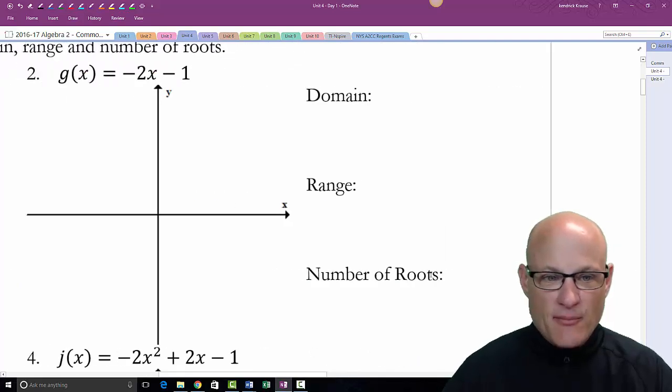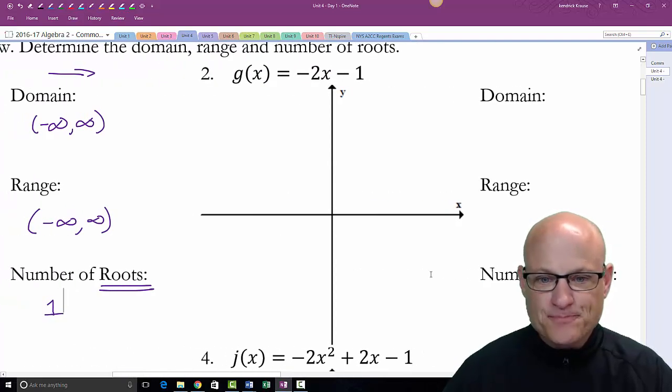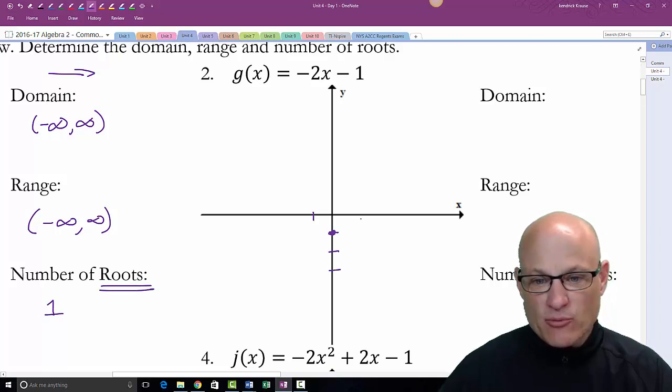Let's go to this one. This one has a y-intercept of -1. But now we're going down 2 and to the right 1. And again, we just want to sketch, so as long as I get a good quick sketch.